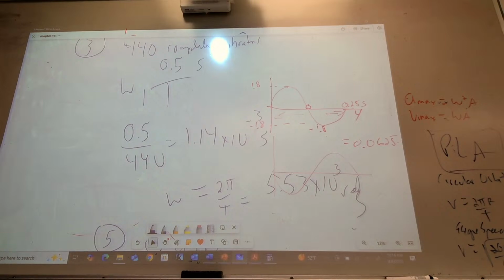They give you the graph. This is like on the AP test, okay? You're picking out the period. That's not hard. I just went through that in that figure right there. You're picking out the period. From the period, you know how to get frequency, omega. Amplitude you can easily get from the graph. Even in pre-calc, you pick the amplitude off that graph. And then from there, you use your equation to get your force constant.